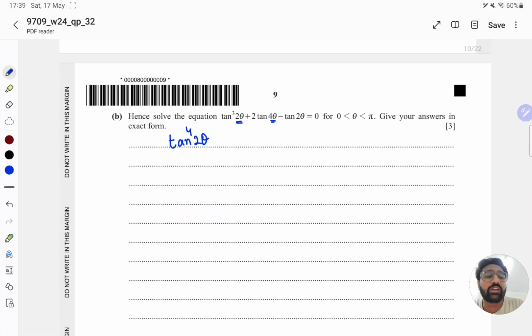It's being converted into double. So tan 4 2 theta minus 2 tan square 2 theta minus 3, and it is equal to 0. The angle is basically changed.